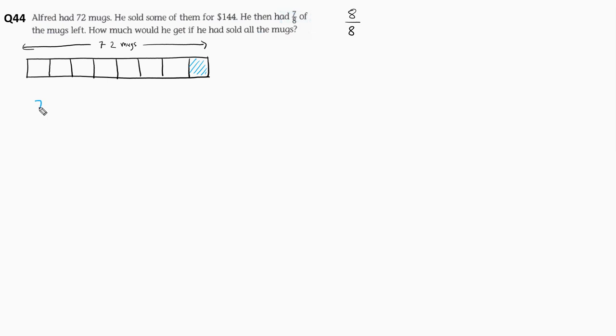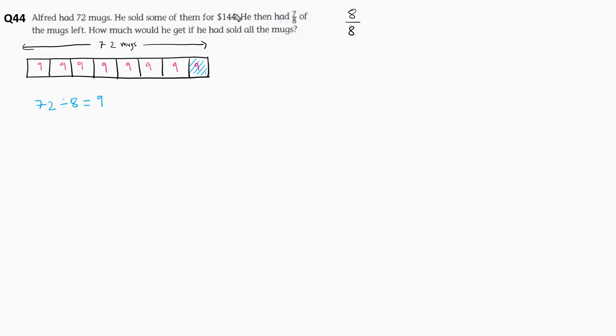We would do 72 divided by 8, and that would give us 9. So each of these parts represents 9 mugs.